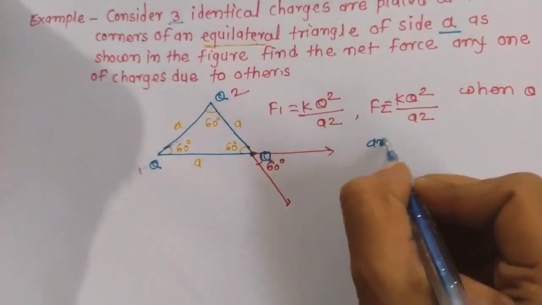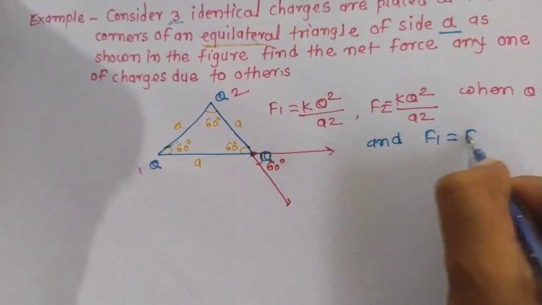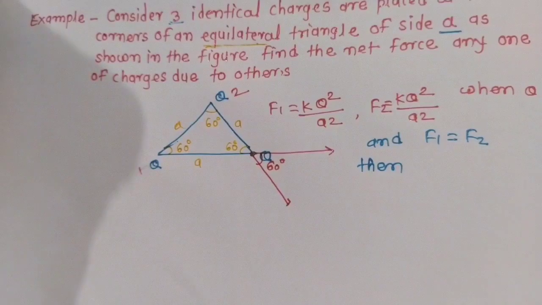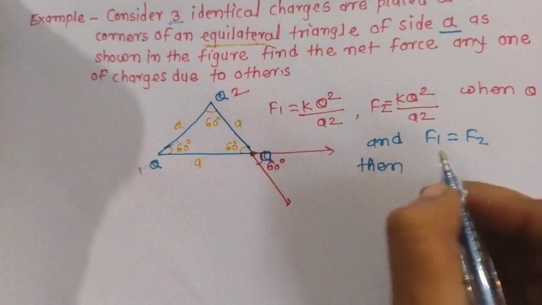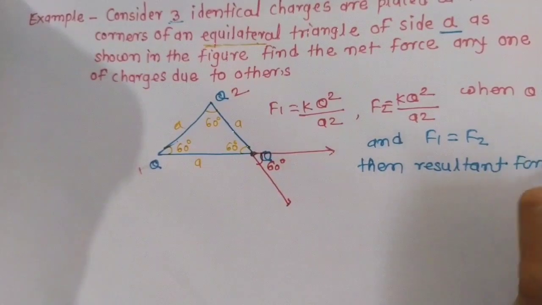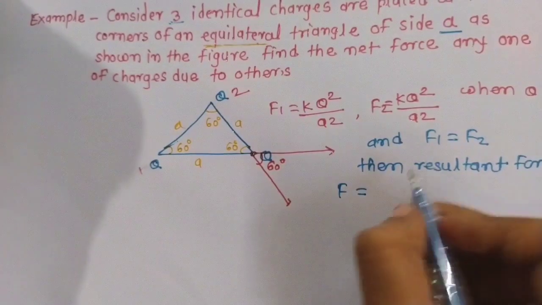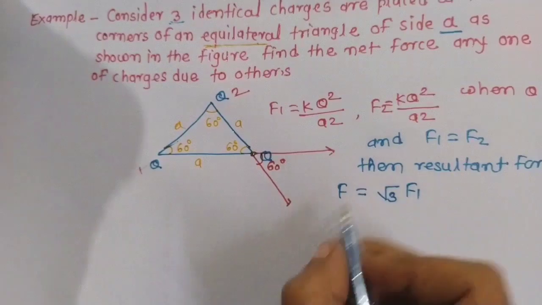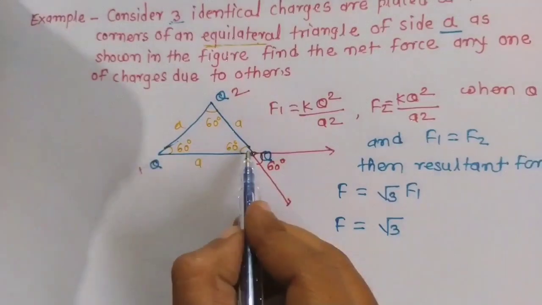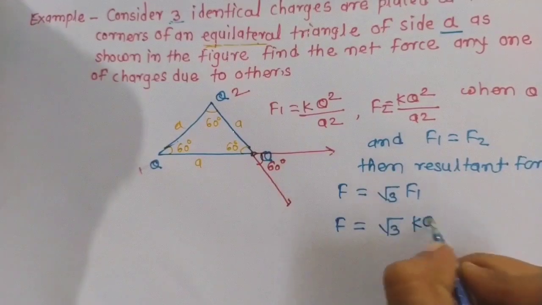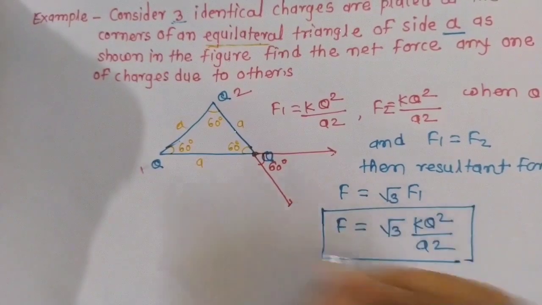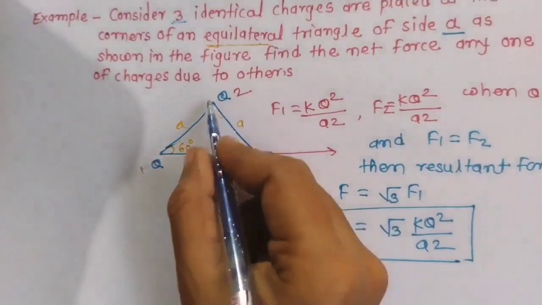When the angle is 60 degrees and the forces are the same, the resultant F is equal to root 3 into F1, that is F is equal to root 3 into the force, which is K Q square upon A square. This is the net force on any one charge due to the other two charges.